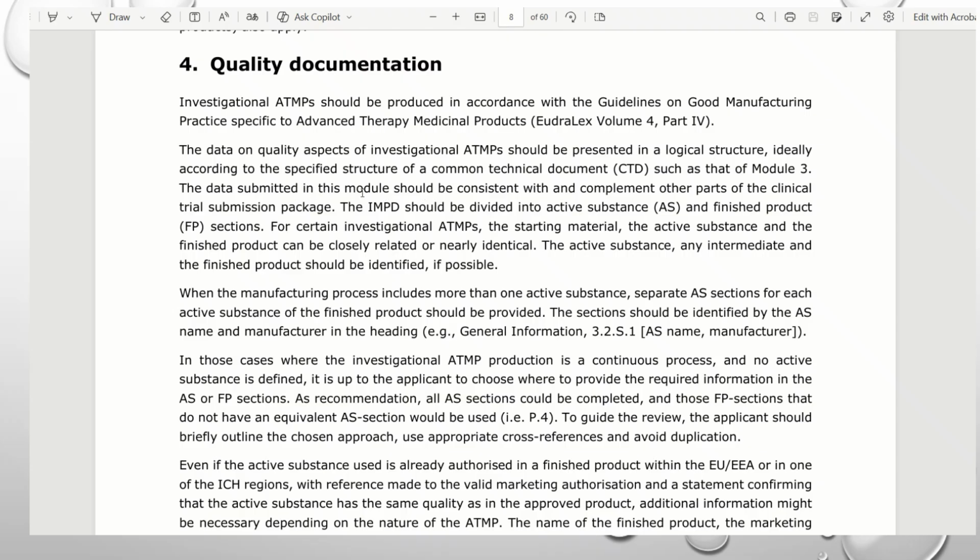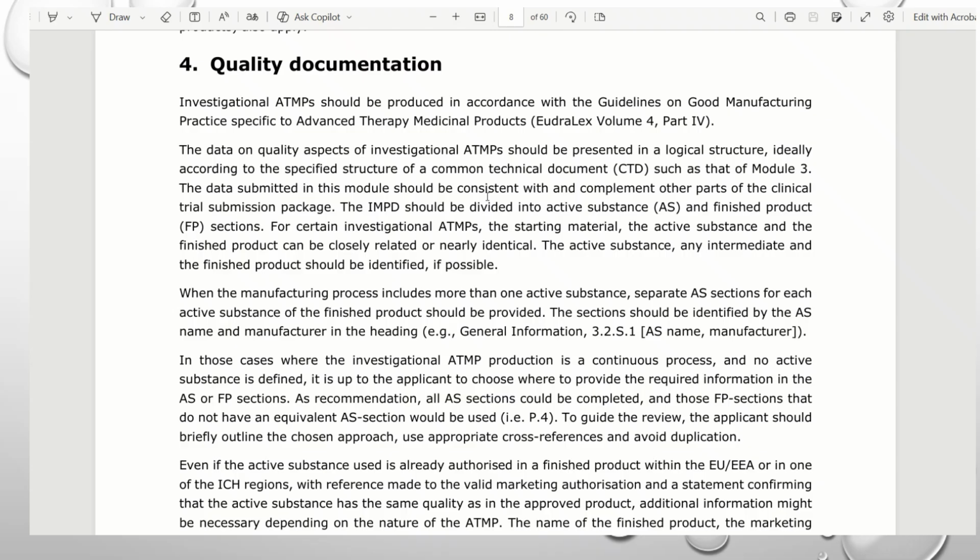The data submitted in this module should be consistent with and complement other parts of the clinical trial submission. What they mean by that is that any information that you provide, for example in the quality section, should be consistent with the information you're providing in the clinical trial package.